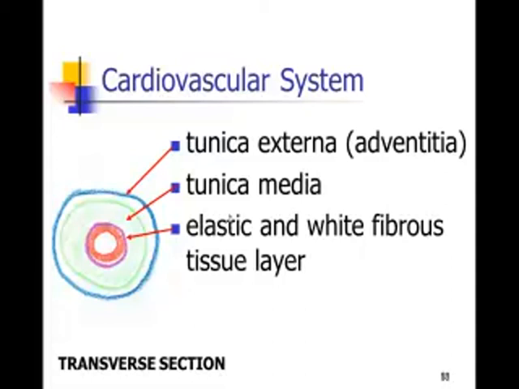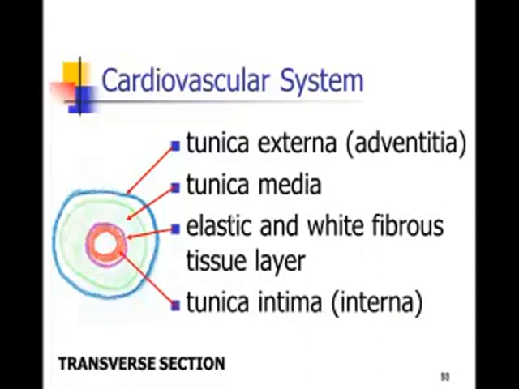This helps reduce the risk of rupture. It allows for stretch and return to original shape. The tunica intima or tunica interna is going to be endothelial cells, squamous cells that are smooth to reduce friction, and then we have the lumen through which the blood passes.